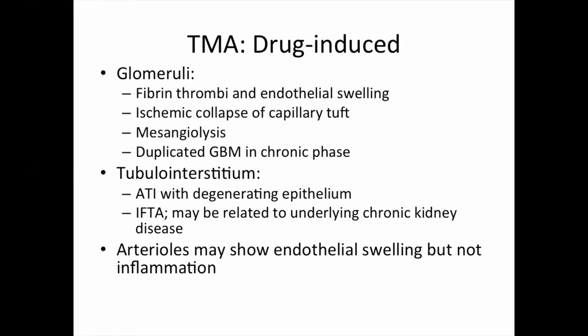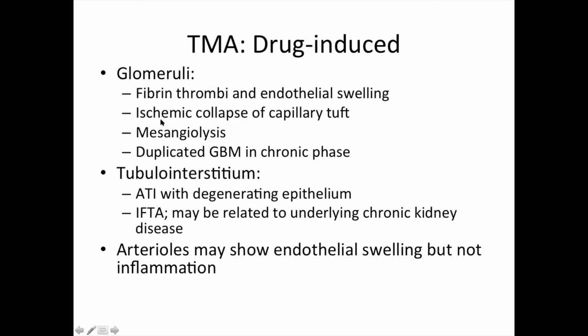The glomeruli show endothelial swelling. Sometimes there will be fibrin thrombi. We have ischemic collapse of the capillary tuft. It will look bloodless. We have mesangiolysis because of ischemia. We can have a duplicated glomerular basement membrane in the chronic phase, and like we said, it's because of the endothelial injury: subendothelial injury causes lucency, then deposition of a new lamina densa.